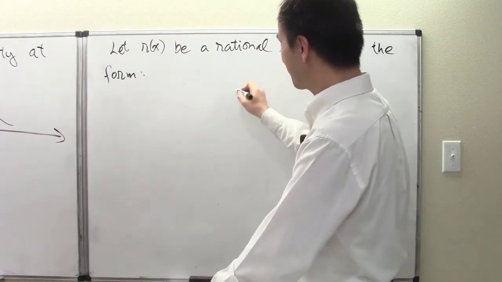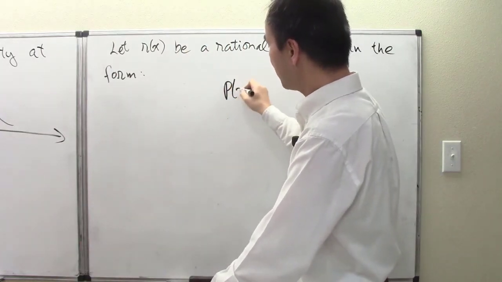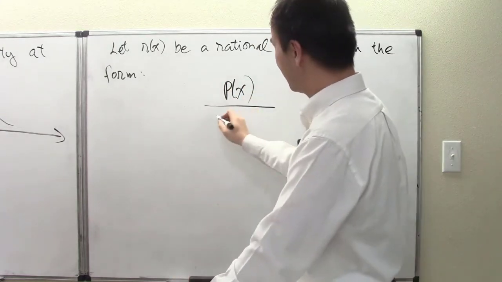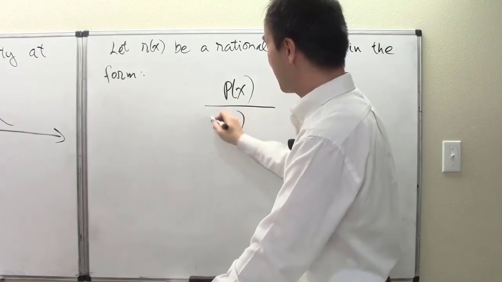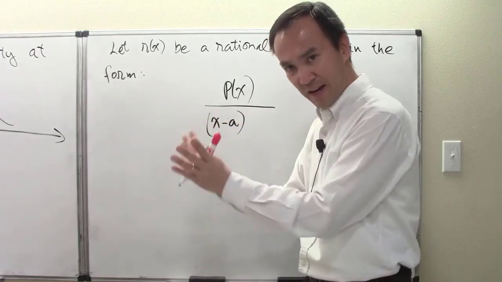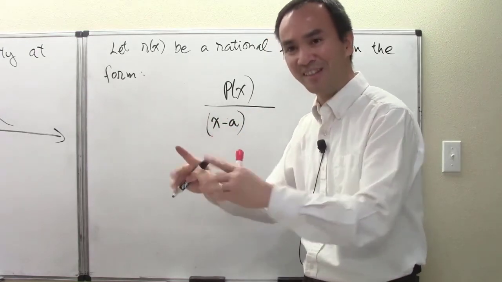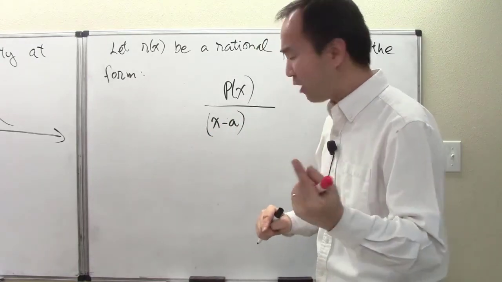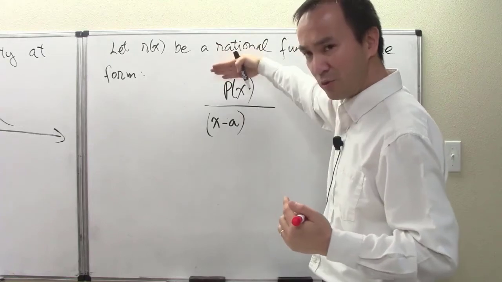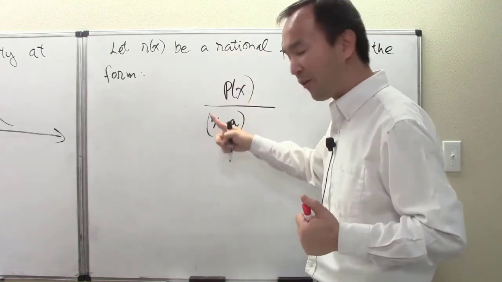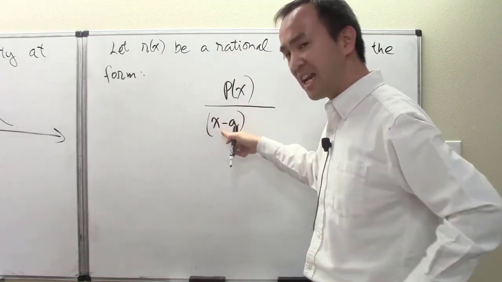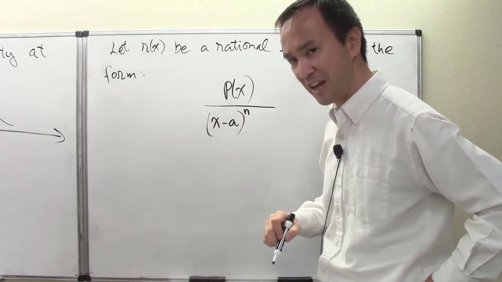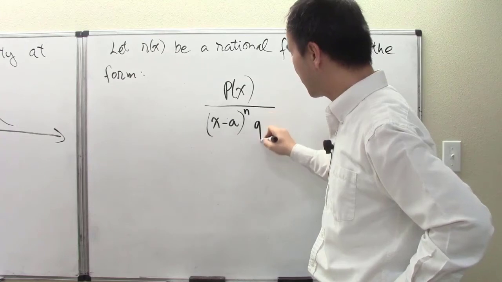In the form of some numerator p of x divided by x minus a as a factor, because as long as x minus a is a factor in a polynomial, we've learned this from our understanding of polynomials. So whatever numerator divided by the denominator, but in the form of a distinct x minus a to some multiplicity n, multiplied with something else, q of x.